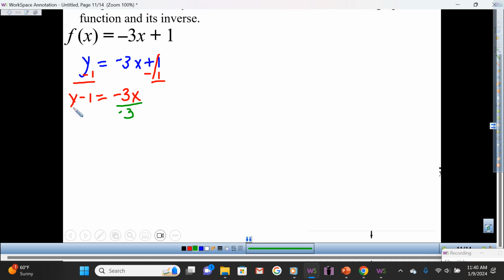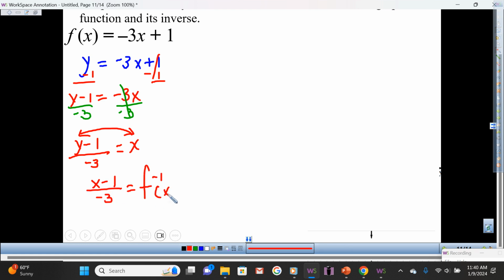Divide by negative 3, divide by negative 3. And now I'm going to write y minus 1 over negative 3 equals x. Oh, my bad. This next part is the inverse. We switch these, so we end up with x minus 1 over negative 3 equals f inverse of x.